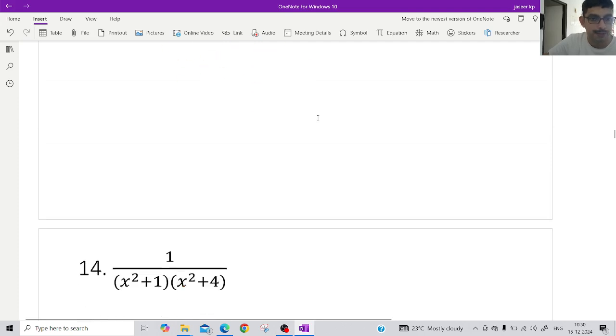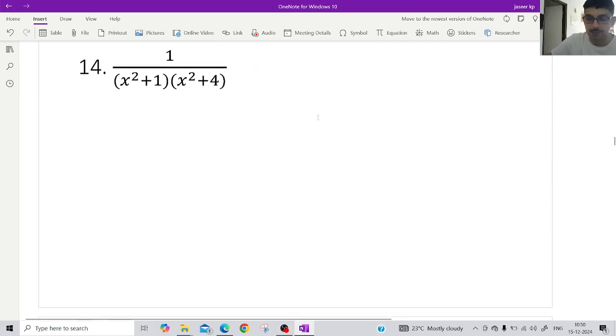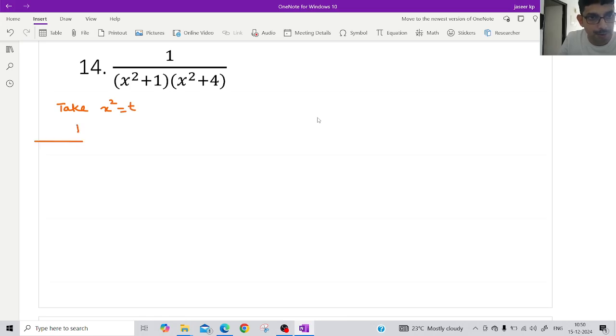Now moving to the next problem, 1 by (x square plus 1) into (x square plus 4). This is also using partial fraction. So here, for doing partial fraction, we will take x square equals to t. This is not a substitution, it is just for partial fraction we are doing like this. So it will become 1 by (t plus 1) into (t plus 4).